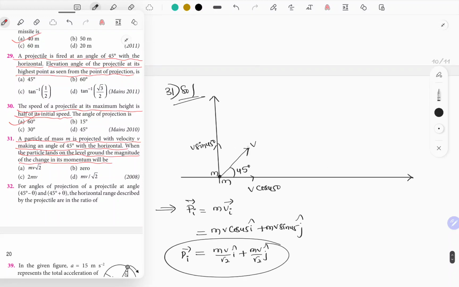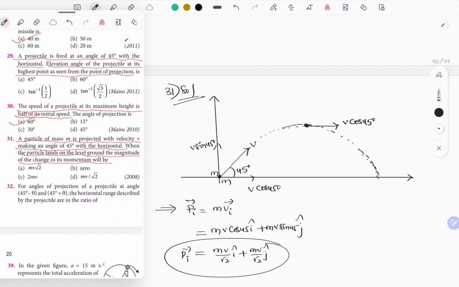Next, the final momentum. When it hits the ground, look at this. When a projectile hits the ground, which component of velocity is going to be 0? Nothing. It is at maximum height that the vertical component of velocity is 0. The horizontal component of velocity is always present, equal to v cos 45.